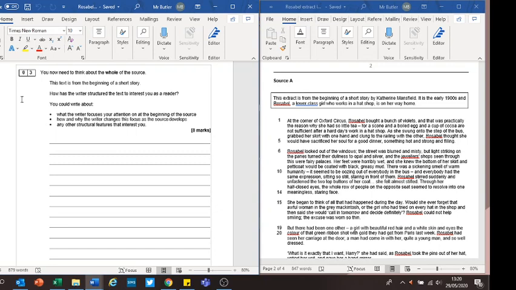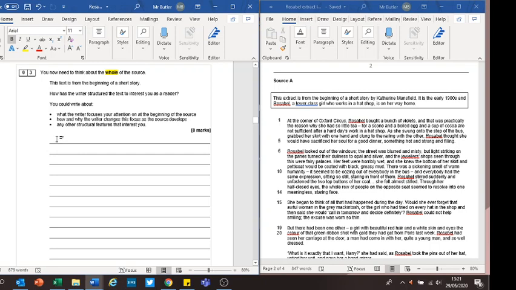Is there metaphors, is there adjectives, etc. Whereas actually, sometimes just the order of things can be as important and as effective. So it says here you need to think about the whole of the source. Now, it doesn't mean you have to mention every single bit of it. It means you have to think about the flow. How has the writer structured the text to interest you as a reader?